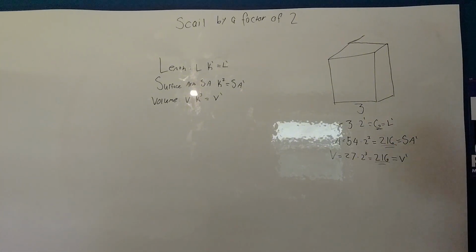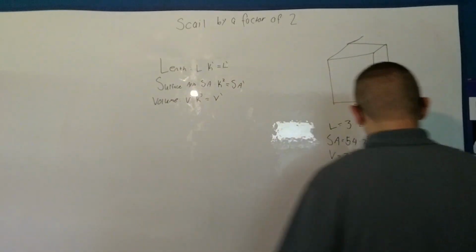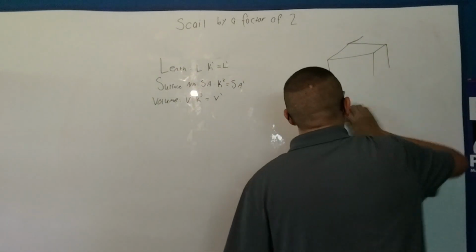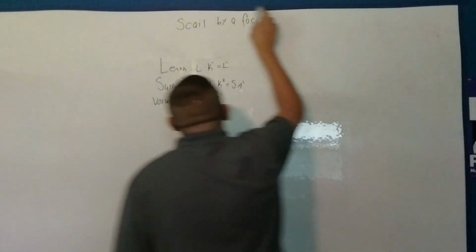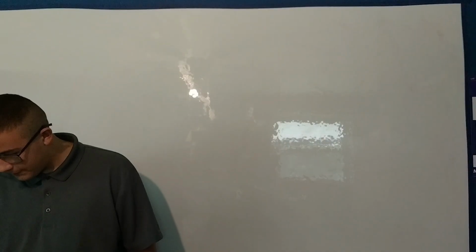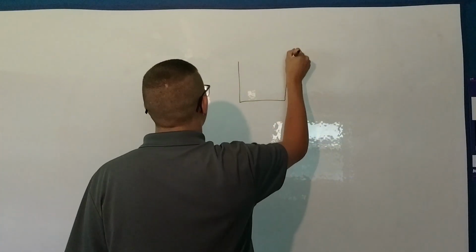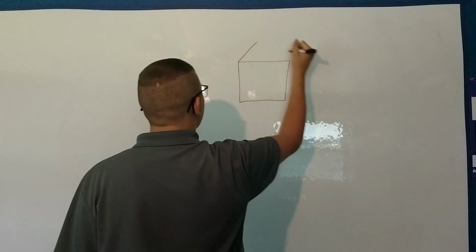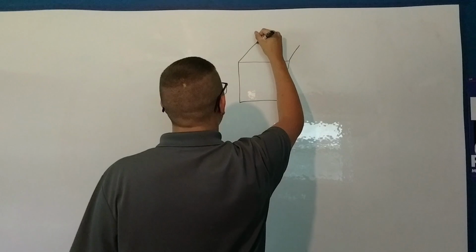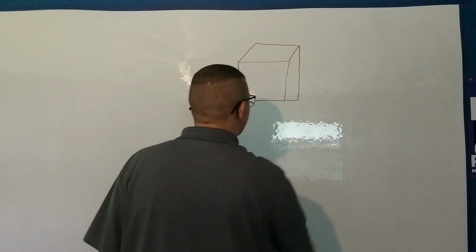Right, so let me give you a couple problems here to practice this. All right, first, if we have a cube with side length 4 and we double it, so if we have a cube here, like that.